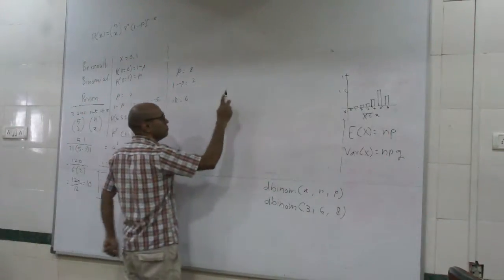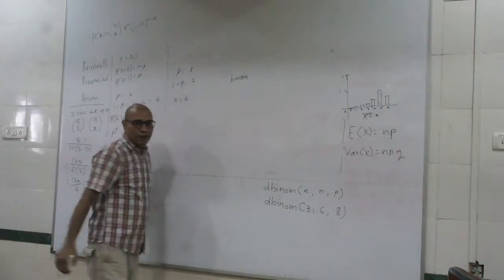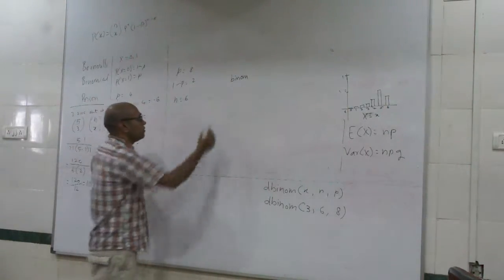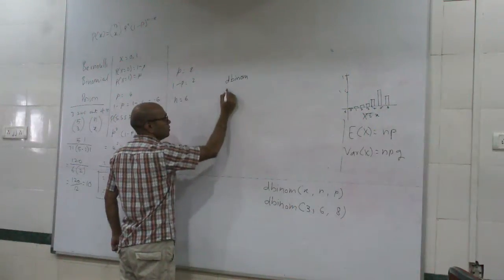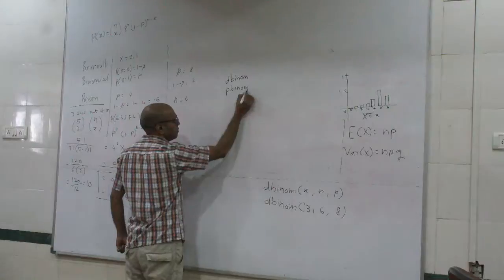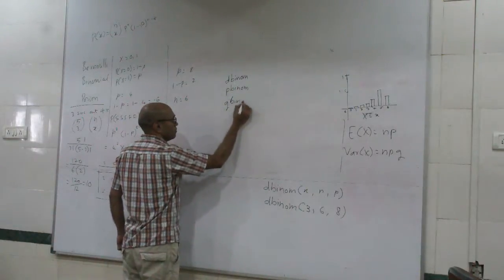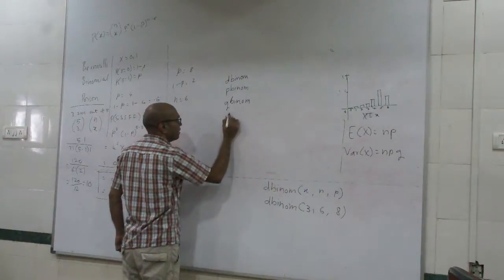Say binom. Binom is for binomial. So you get dbinom, pbinom, qbinom, and rbinom.